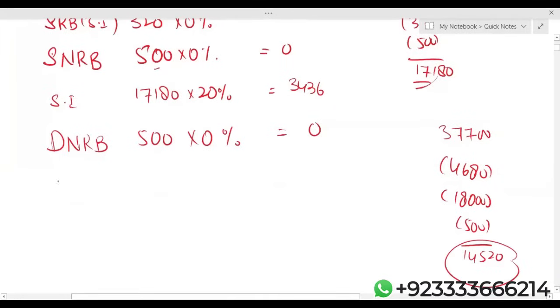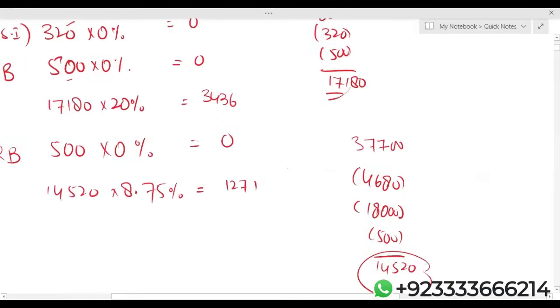So still we have a space in the basic rate band. So dividend income 14,520, basic rate band, the applicable rate is 8.75%, and these tax rates will be given to you in the exam as well. I'm getting 1,270.5, make it 1,271. Let's recheck so that we should not be making any arithmetic error.